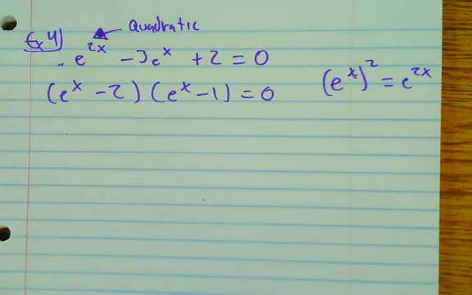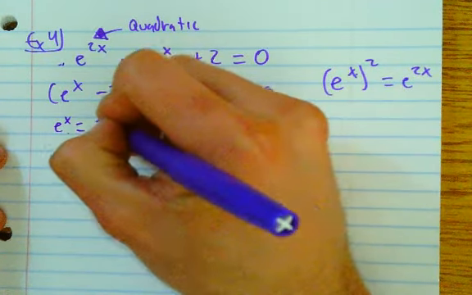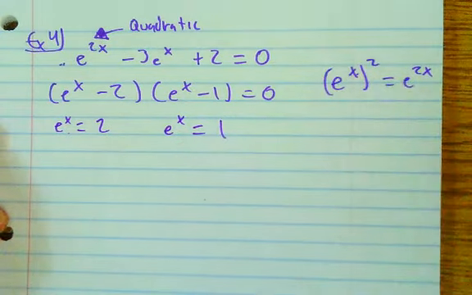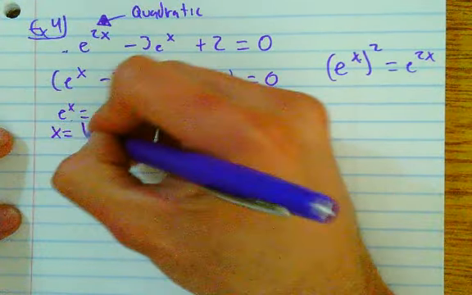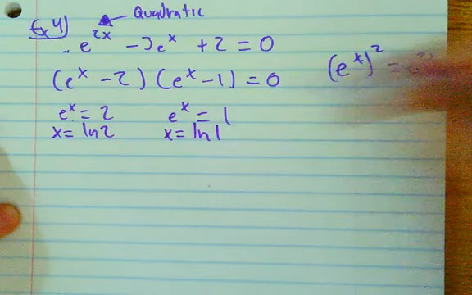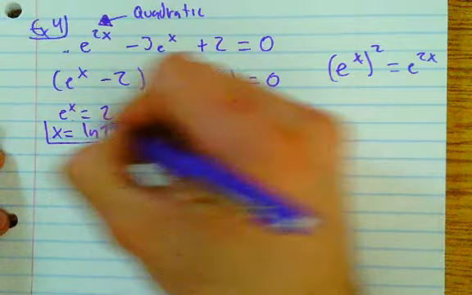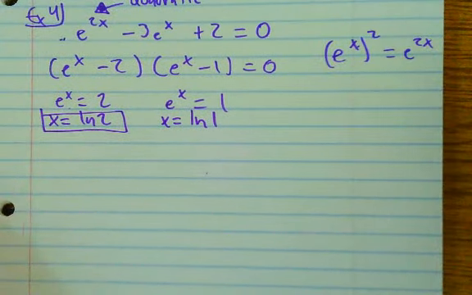e to the x equals 2, e to the x equals 1, right? Therefore, what is x equal to on this side? ln 2. And what is x equal to in this one? ln of 1. This I would accept. This I will not. I will mark it wrong. What is natural log of 1? 0.